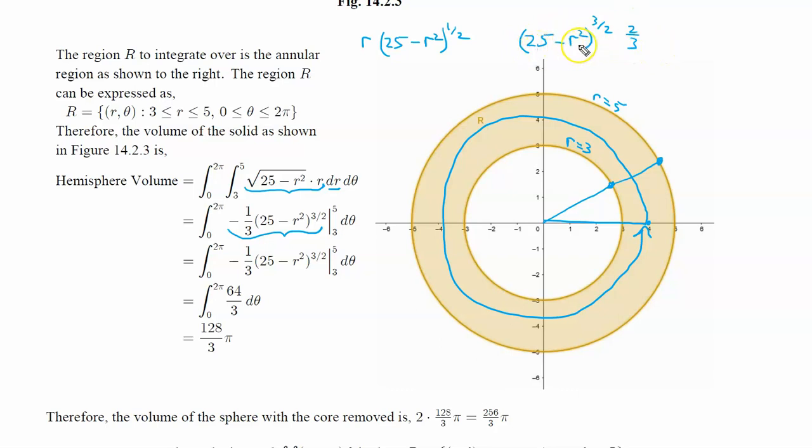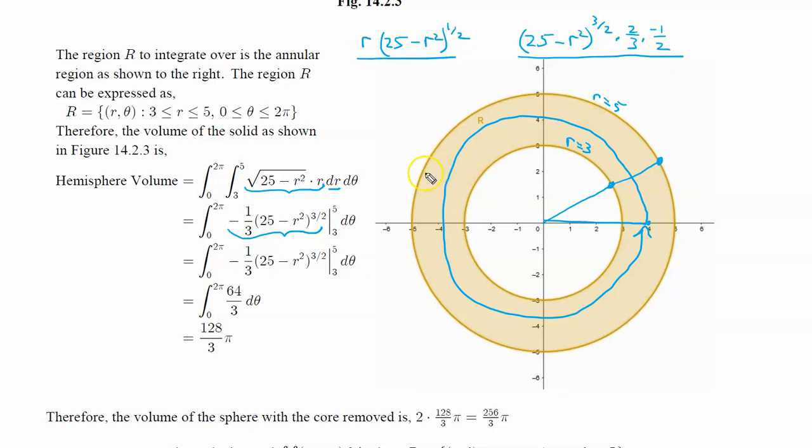When you differentiate the inside, you're going to pick up a negative 2r, but you don't want negative 2r, you just want an r. So you multiply this by negative 1/2. And so that's how we get negative 1/3, 25 minus r squared to the 3/2 power. So right here is the antiderivative for this.